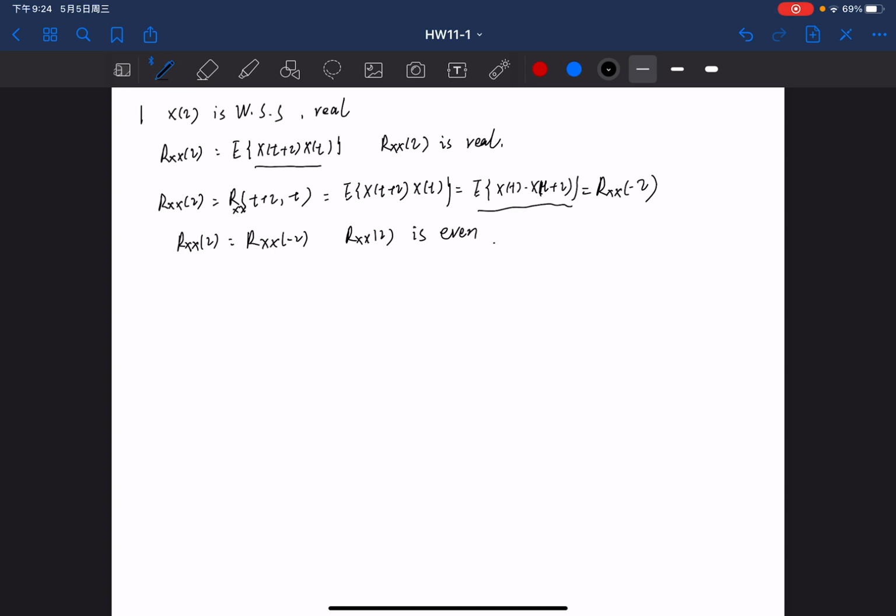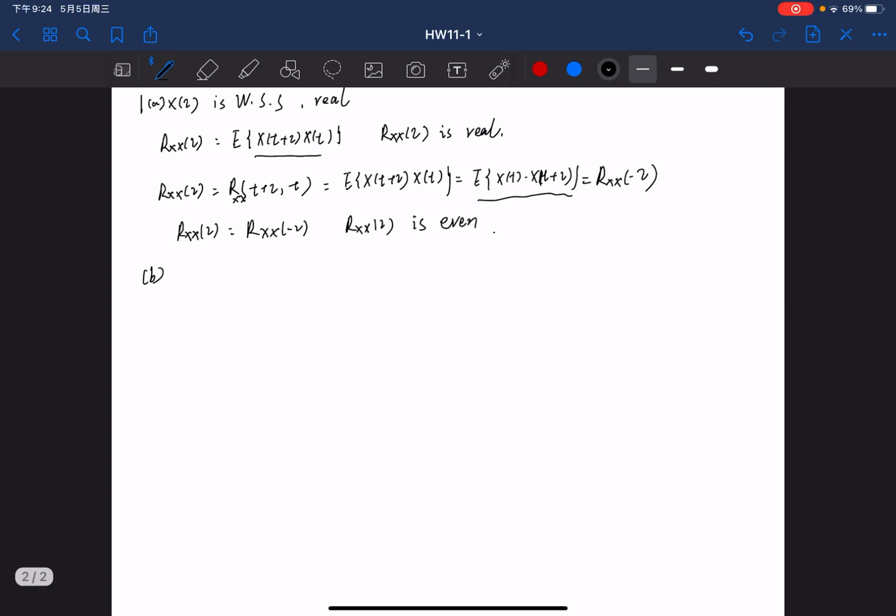And in the B question, for S_xx(omega), we can use the definition to calculate. It equals the integral from negative infinity to infinity of R_xx(tau) multiplied by e to the power of negative j omega tau d tau.